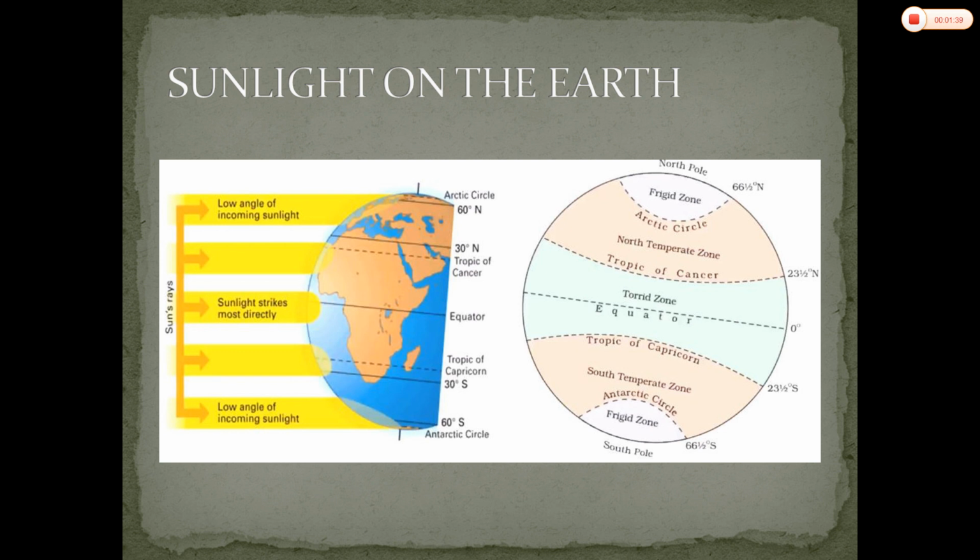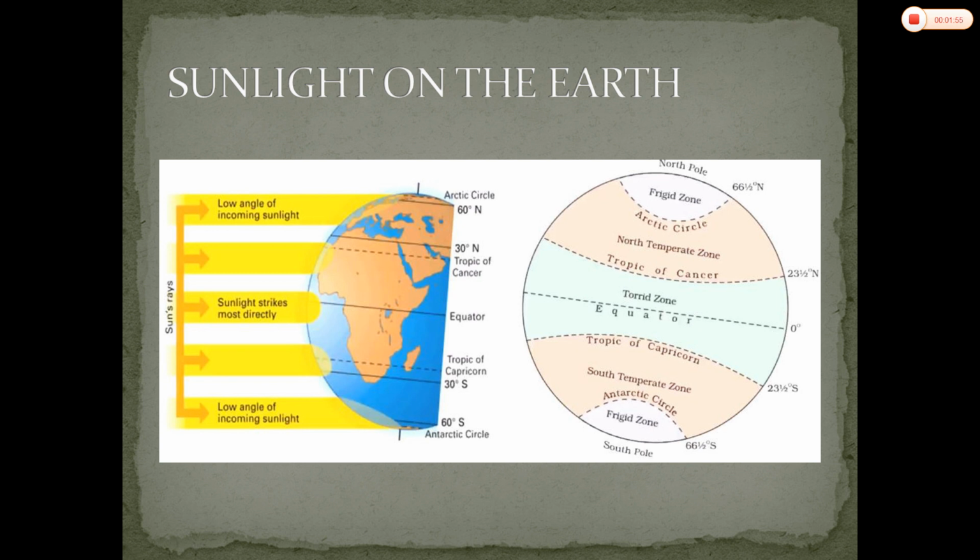So right from equator to tropic in both the hemispheres, northern and southern, this region receives the highest insolation of the sunlight.